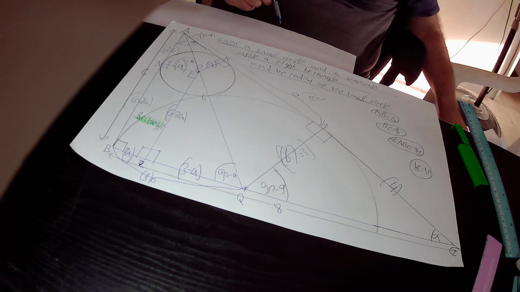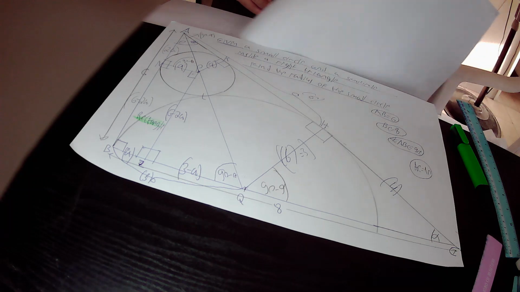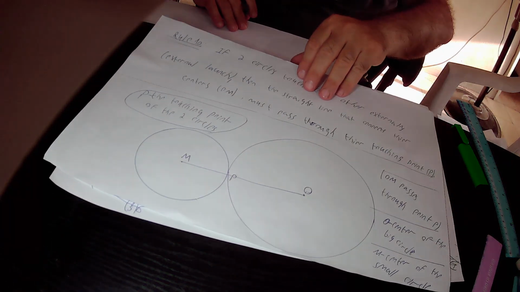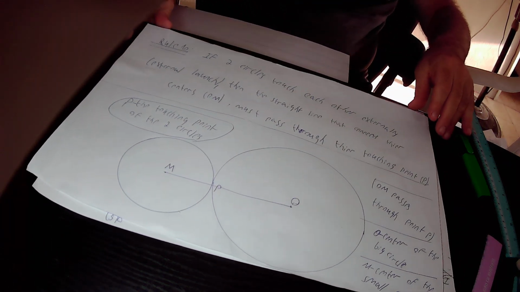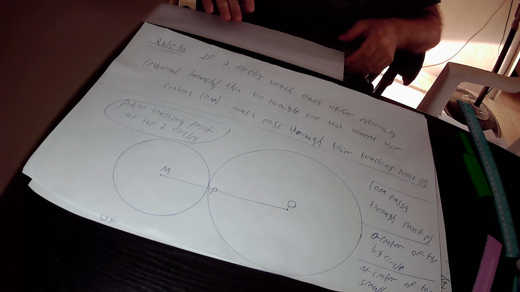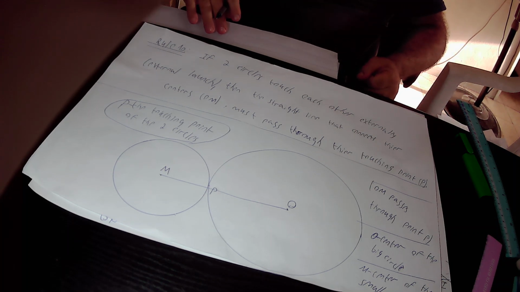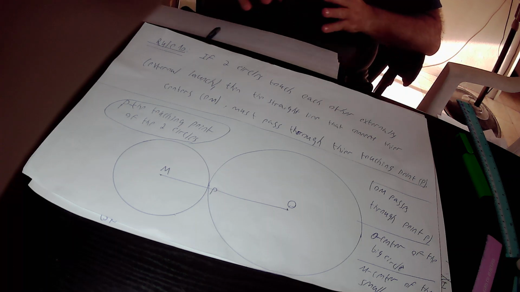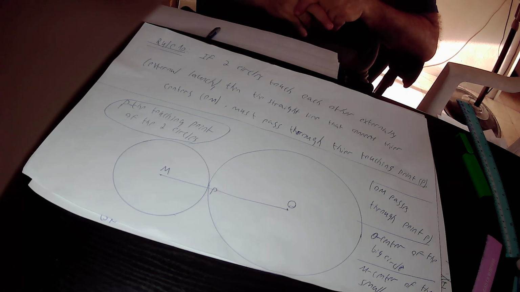So I'll repeat quickly on Rule 10. According to Rule 10, if two circles touch each other externally, then the straight line that connects the centers together must pass through their touching point.